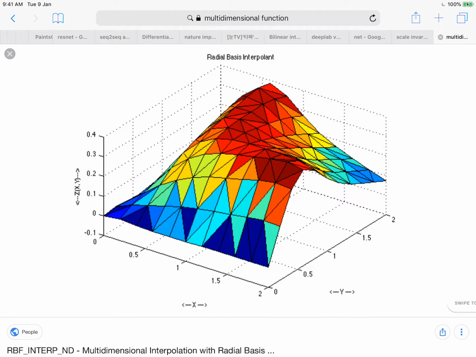So x and y are our patch, right? And the z-axis, the height, is the corresponding pixel value. So in that case, let's just stand in the position over here.